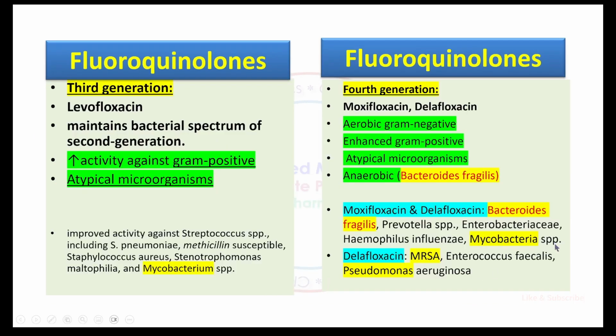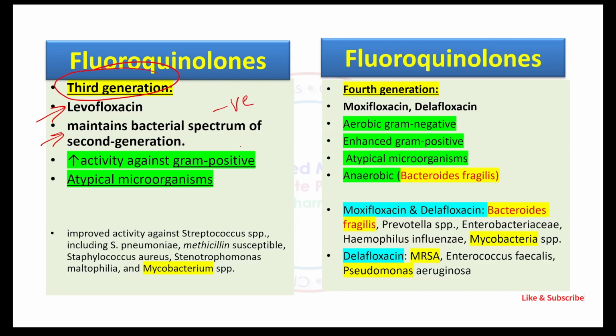Okay, moving to the third generation. Third generation fluoroquinolones, one medication in this generation, we have levofloxacin. Levofloxacin is considered active against gram-negative bacteria, the same as second generation. What else?